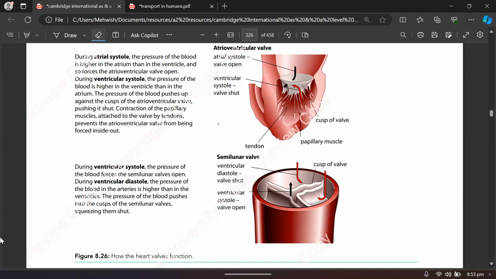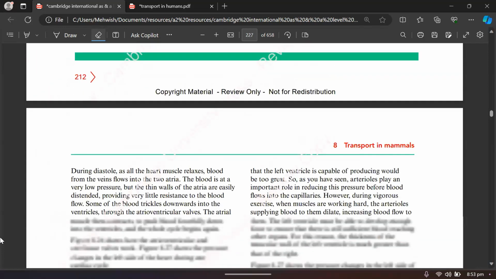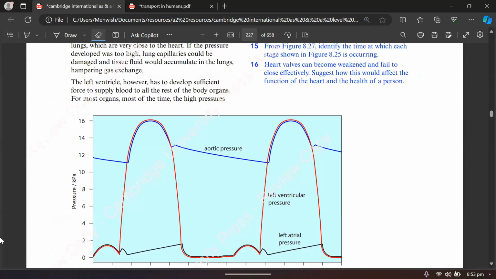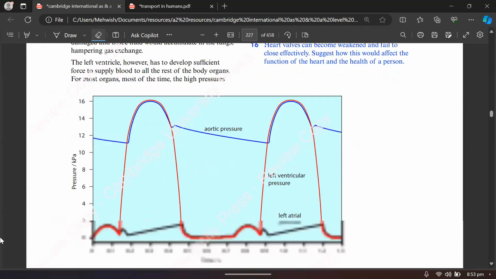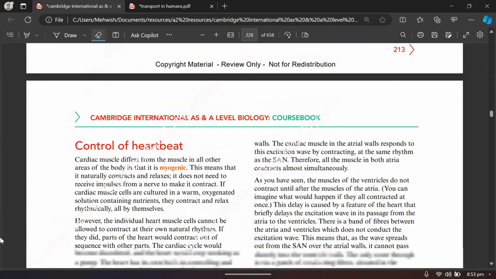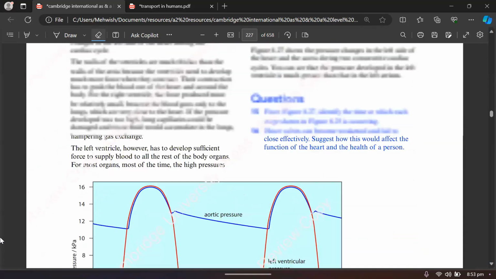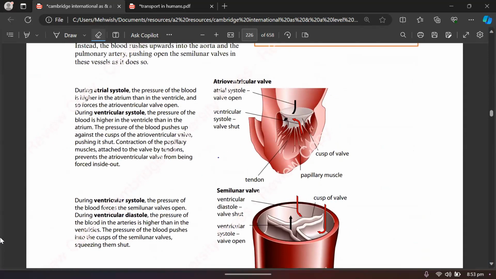Because when the ventricular systole is taking place, semilunar valves get open, but the atrioventricular valves get closed. And how it is happening, we have seen in this diagram, right? There is one more topic left in this chapter, and that is cardiac control. Inshallah, we will talk about this curve as well as the cardiac control in our next class. So I hope that's clear.